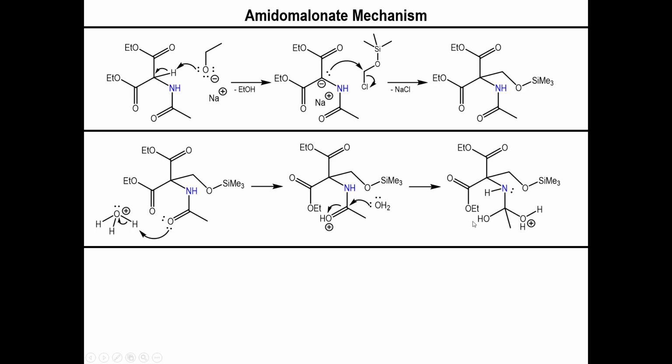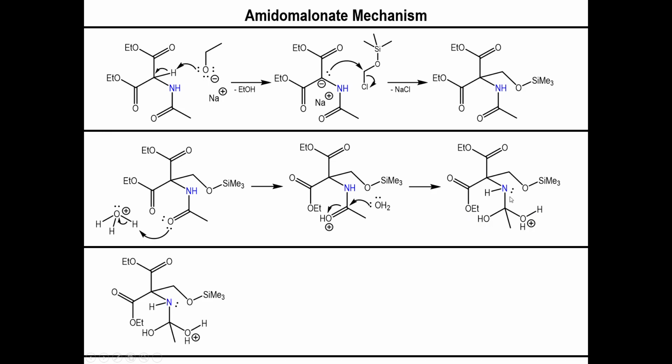Okay. And then you're going to have a proton shuffle event, which here I'm just going to show the proton exchange directly from oxygen to nitrogen. So we'll have the attack from nitrogen over here, taking up that proton. The electrons go back to oxygen. And now that that nitrogen is protonated, it serves as a good leaving group to our gem diol that we have over here.